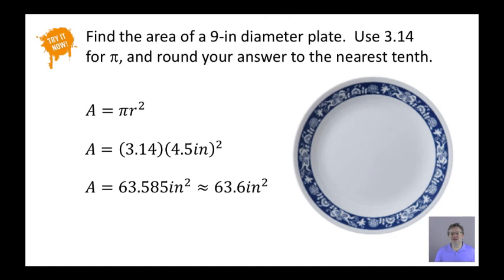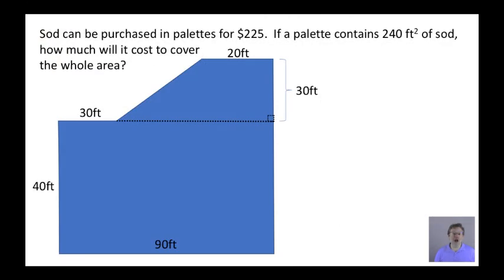Well, here's some other ways in which we can find areas of more complex shapes through this divide and conquer methodology. Sod can be purchased in pallets for $225. If a pallet contains 240 square feet of sod, how much will it cost to cover this whole area here?